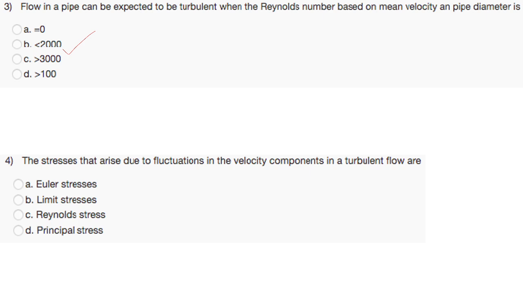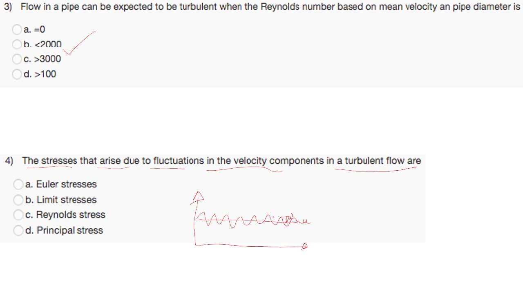Now this is also an important question. The stresses that arise due to fluctuations in the velocity components in turbulent flow are what? What it is actually telling is, if this is the mean velocity, in the case of turbulent flow your velocity is like that, with some fluctuations u dash from the mean.